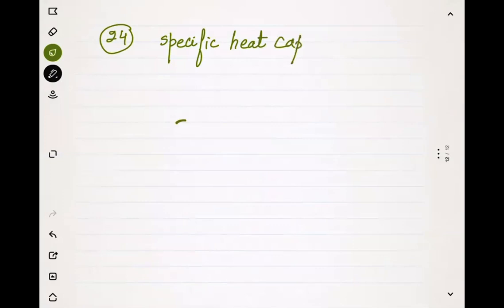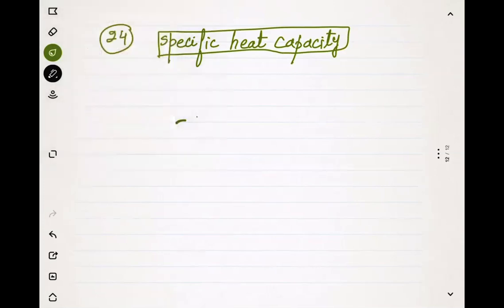The last quantity that we have to cover, number 24, is specific heat capacity. In your O level, you are familiar with this, and you represent it with smaller c.